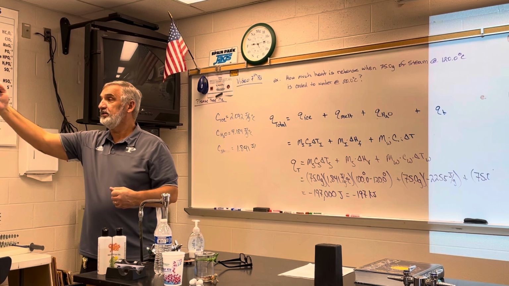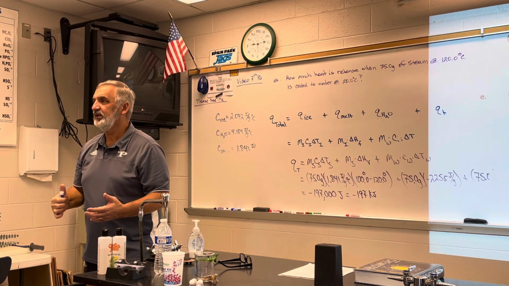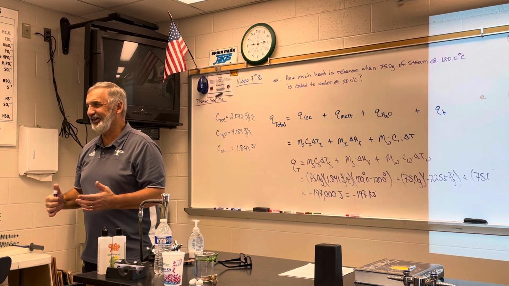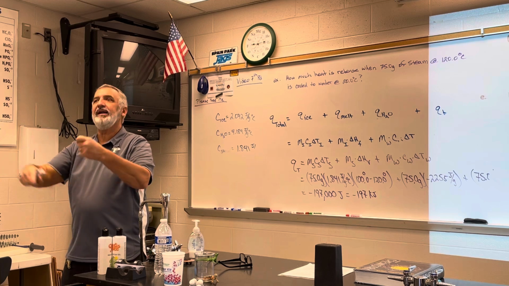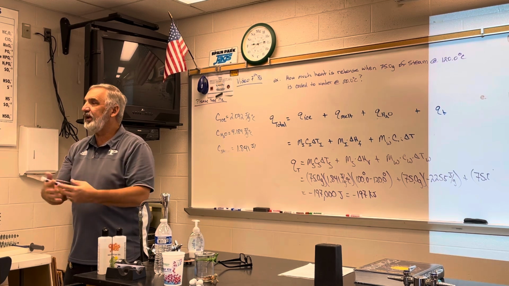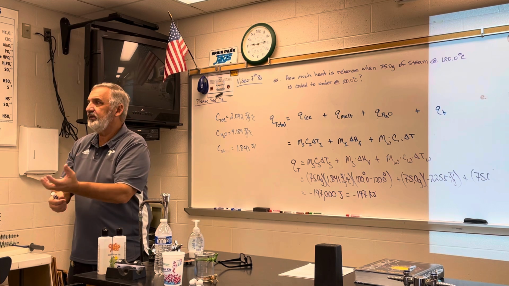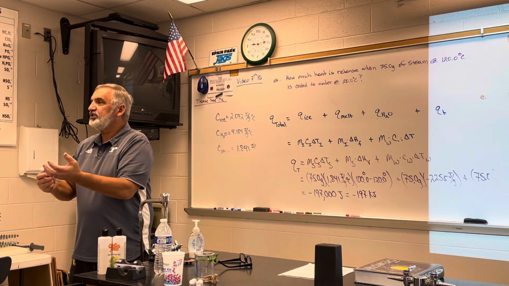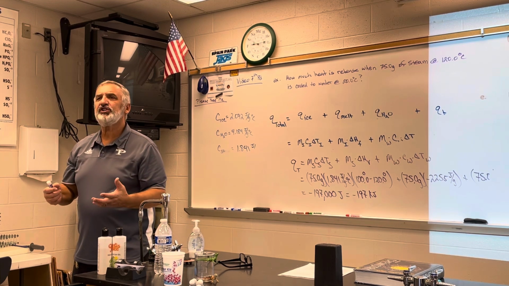A hot air popcorn popper, you guys don't even know what that is, because you do everything in the microwave now. But a hot air popcorn popper, you put it in there and it just blew the hot air in and then it popped it rather than having to put it on the stove with grease, oil, and pop it. So convection is, what is a convection current in weather?